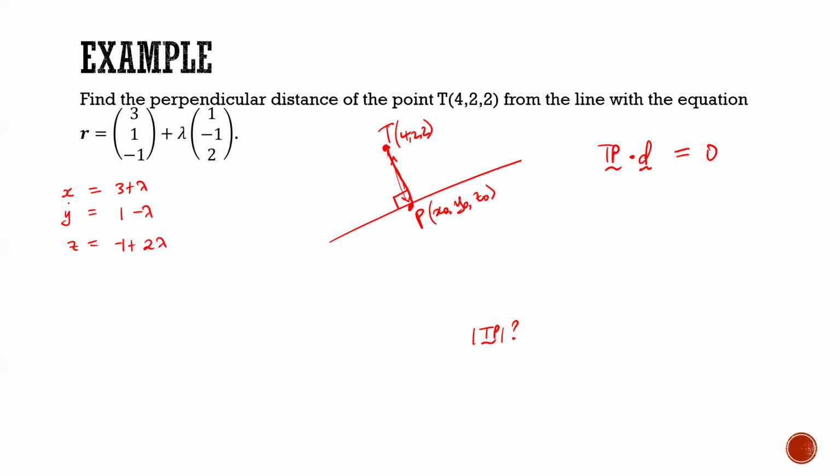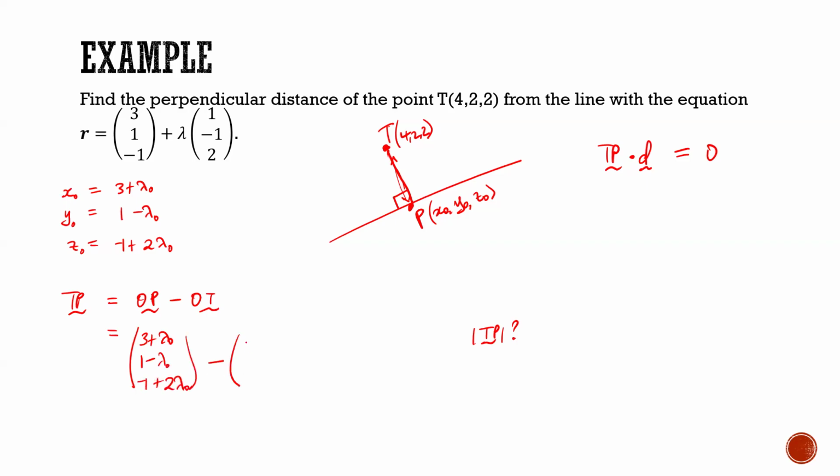Now, of course, our special point, which is x naught, y naught, z naught, could have a particular lambda value, lambda naught, that satisfies all the equations there. And so we find the vector TP. The vector TP we know is OP minus OT. Our OP is 3 plus lambda naught, 1 minus lambda naught, negative 1 plus 2 lambda naught.